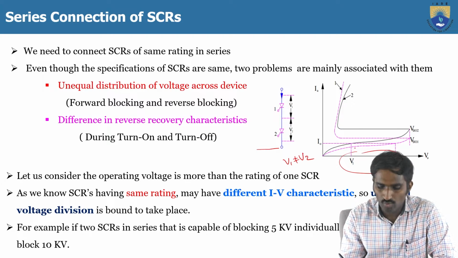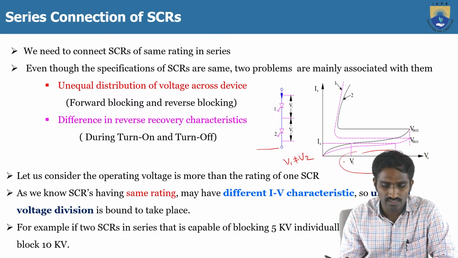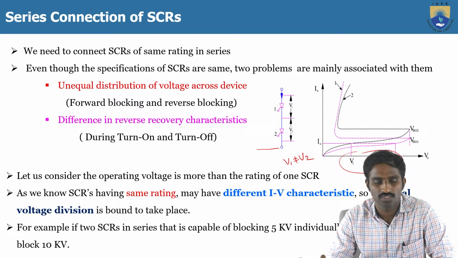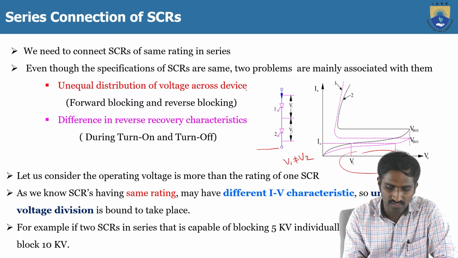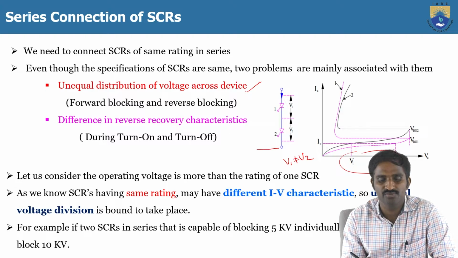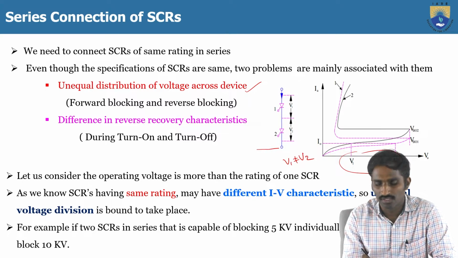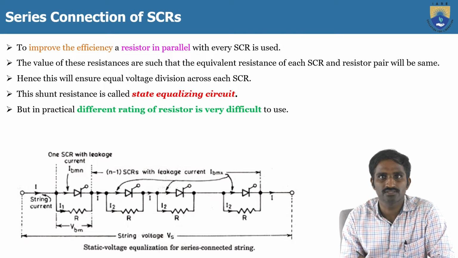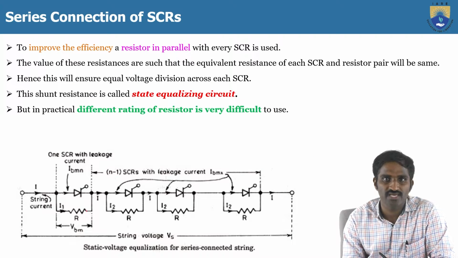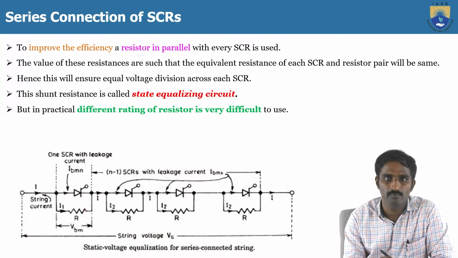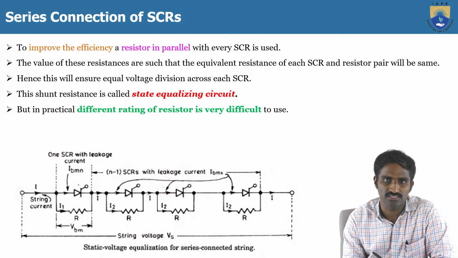So to overcome this unequal distribution across the SCRs, what we have to do? First we concentrate on the first problem, the unequal distribution of the voltage across the devices. We connect a resistor in parallel with the thyristor.